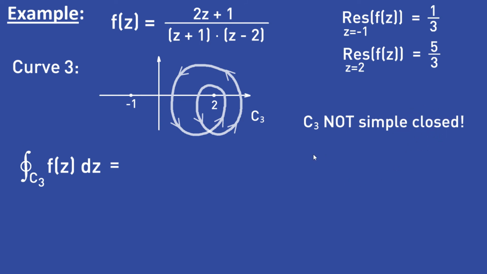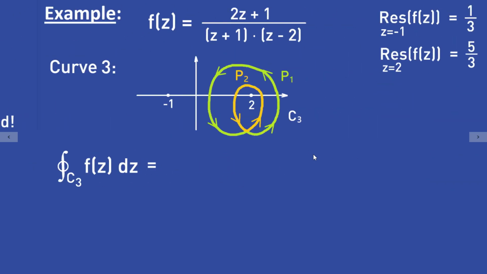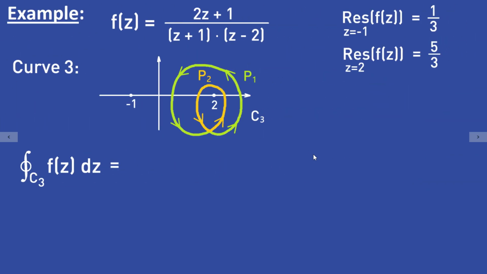To solve that problem, we split the curve C3 in two smaller curves P1 and P2 again. Now the green part is P1 and the orange part is P2.